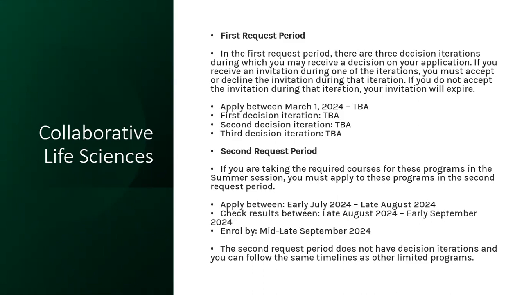Something that's a little bit different when it comes to the collaborative life sciences is their decision making process. They have a different system of decisions called iterations, where students who apply during the first request period have 3 decision rounds.